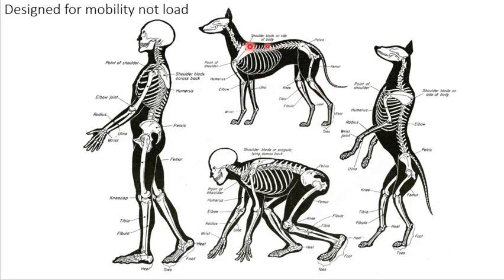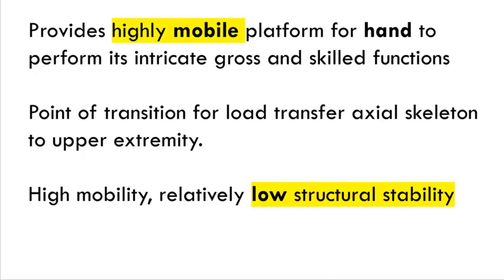When you look at any kind of quadruped, you have loading through the shoulder and loading through the hip, whereas we can go on our legs and they can go bipedal, but we are mostly bipedal, and it frees up our hand, and that's why we have so much more mobility when we get into the wrist and hand. Since we don't have that loading, it gives us a lot more mobility.